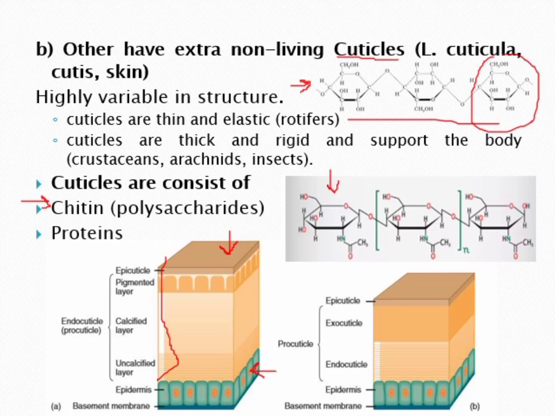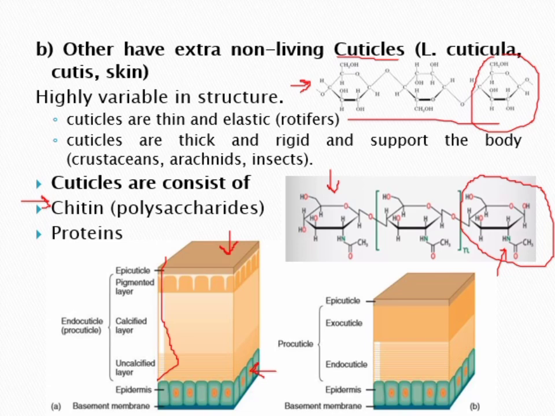Similarly, in cuticles, chitin is a polysaccharide made up of monomers or monosaccharides. But these monosaccharides are different than the glucose monosaccharide, because the chitin monosaccharides contain nitrogen in them, so they could be called amides. So these are chains of amides.